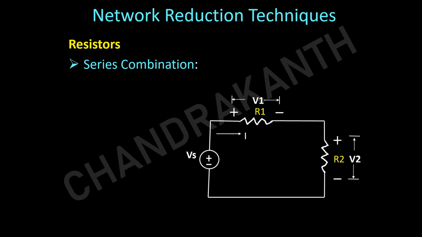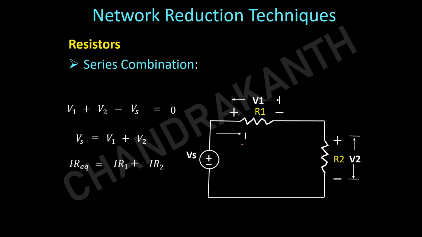Now we know by applying KVL, the sum of the voltages, that is V1 plus V2 equals Vs. If you represent V1 and V2 in terms of I and R, you can write this as I into R1 plus I into R2. Similarly, Vs can be written as total current into the total resistance.